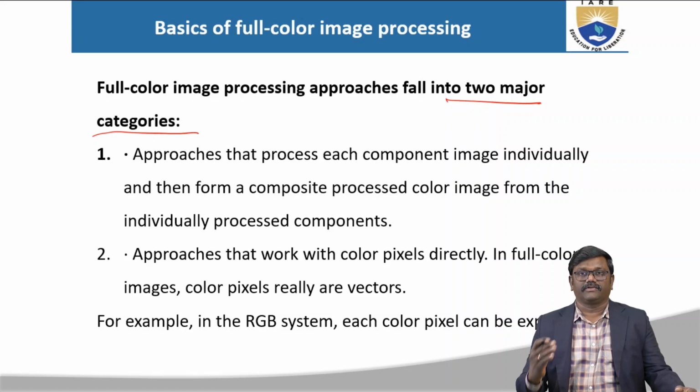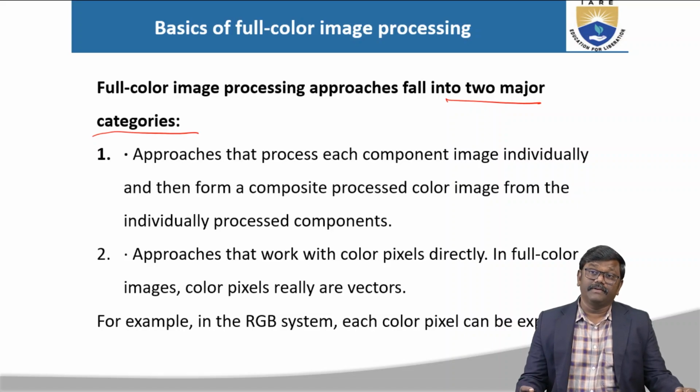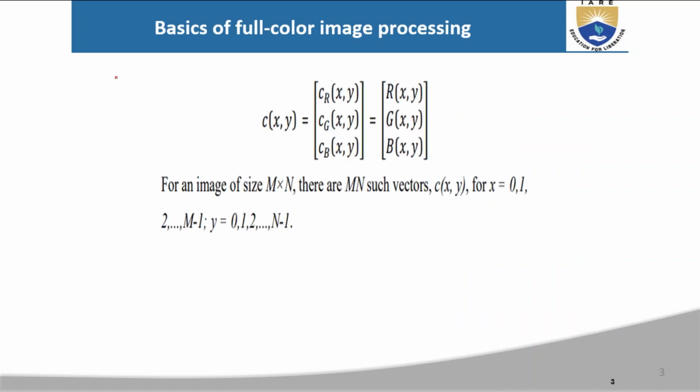That is the first one. The second categorization of full color image processing is approaches that work with color pixels directly. In full color images, color pixels really are vectors. For example, in the RGB system, each color pixel can be expressed in terms of a matrix.